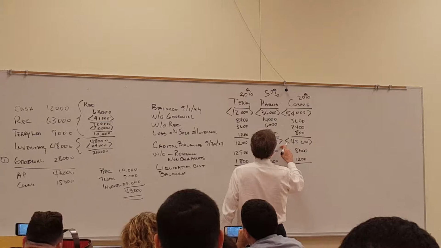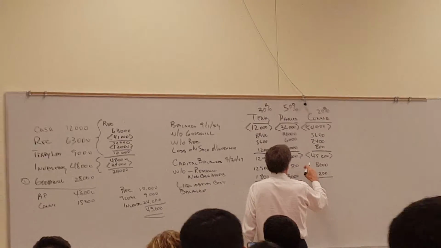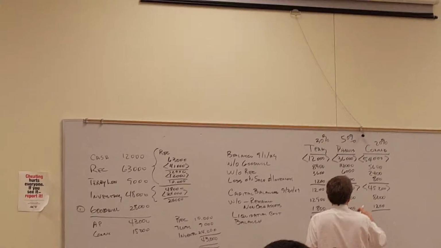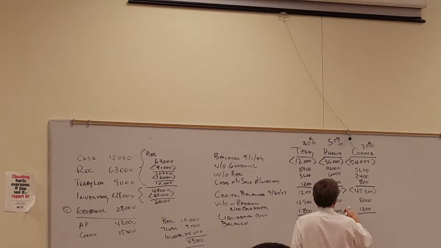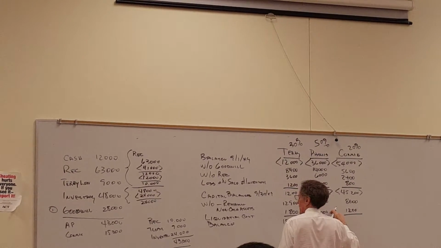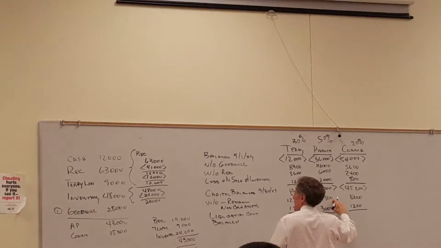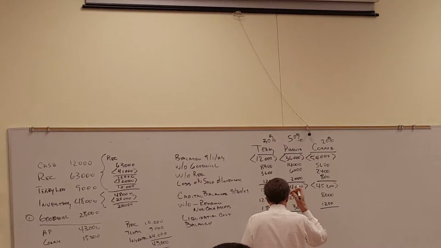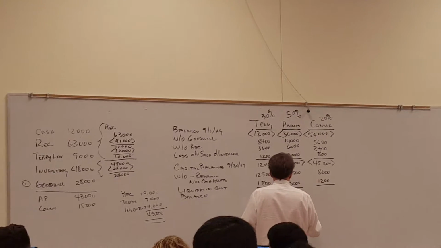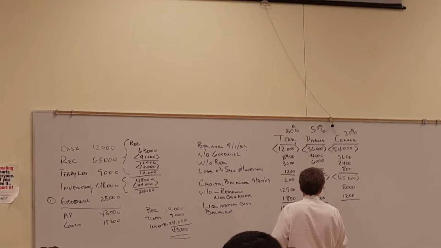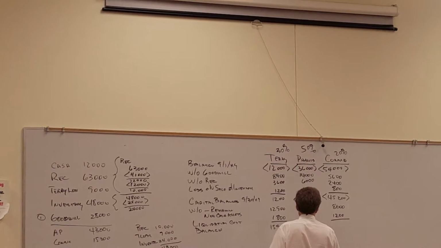Phyllis starts with a positive of 14,000, but she has $3,000 loss, or the liquidation cost, and 21,500 of the write-off of the remaining assets, which takes her account to a negative 10,500.